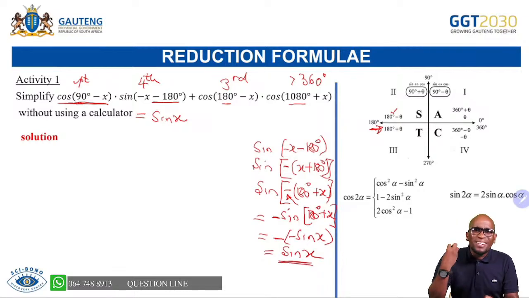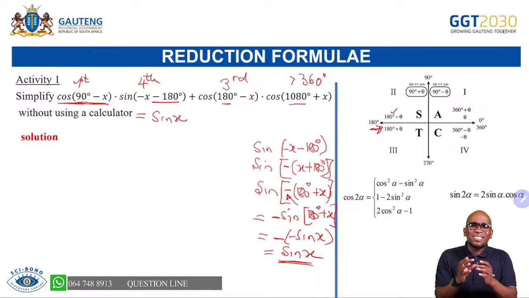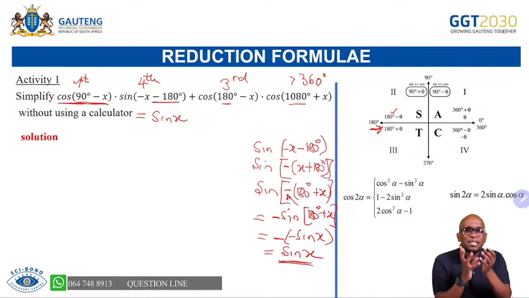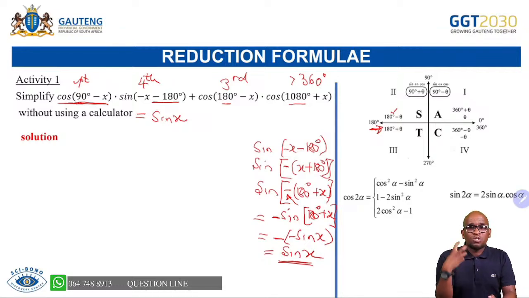Now, I have an alternative way in which you can do this. Remember when we started, I said you are allowed to add or subtract 360 when necessary. You are allowed to do that to try and negate the problems that negative angles bring along, to try and negate the problems that multiple rotations bring along.